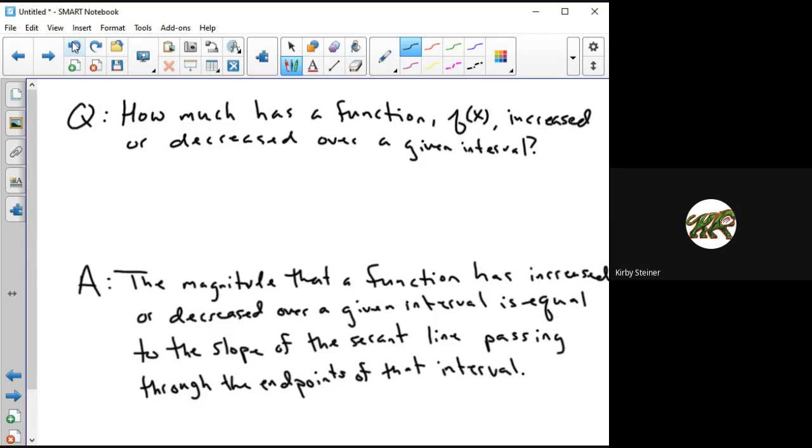So the question is, how much has a function f of x increased or decreased over a given interval? Our answer is that the magnitude is equal to the slope of the secant line passing through the endpoints of that interval.